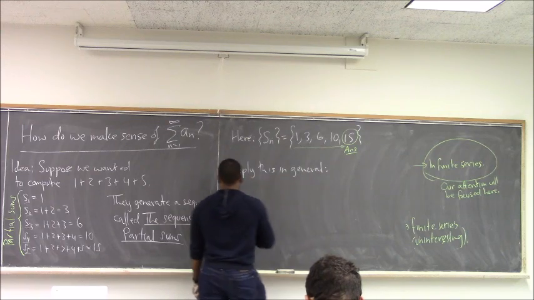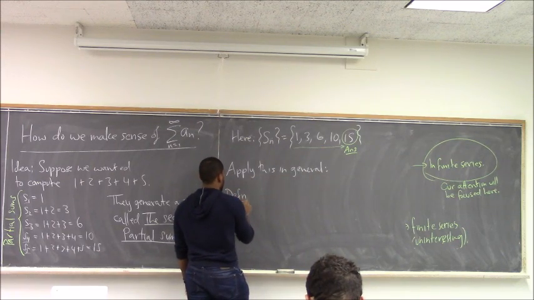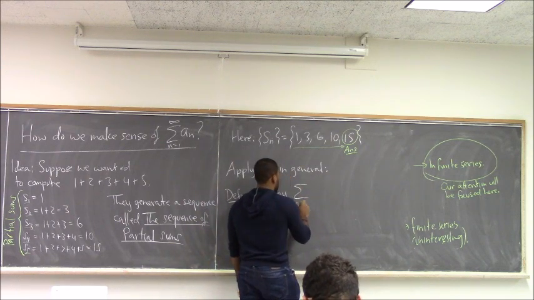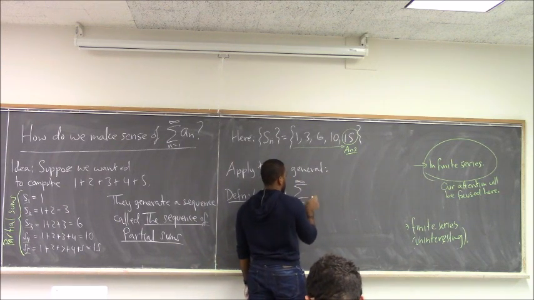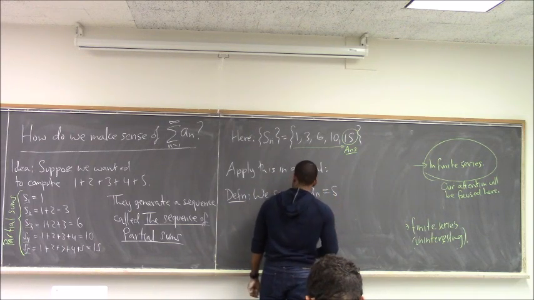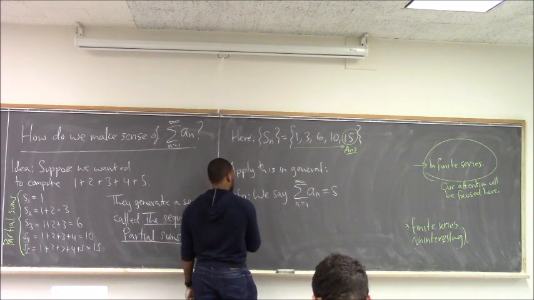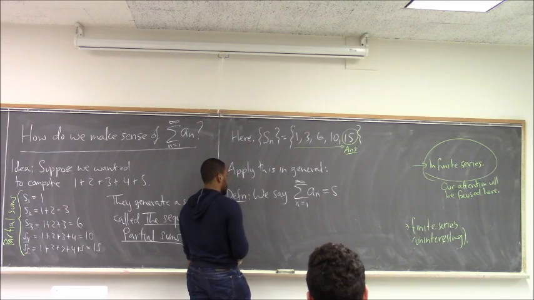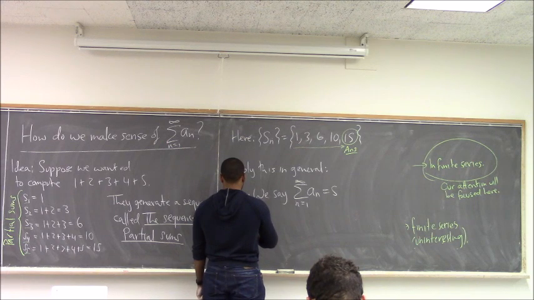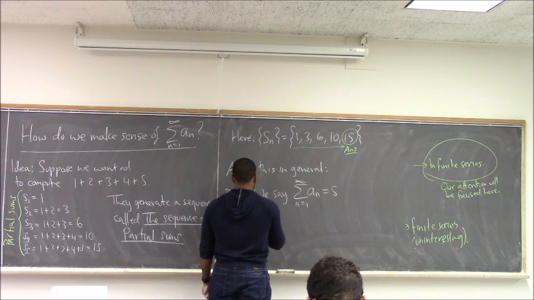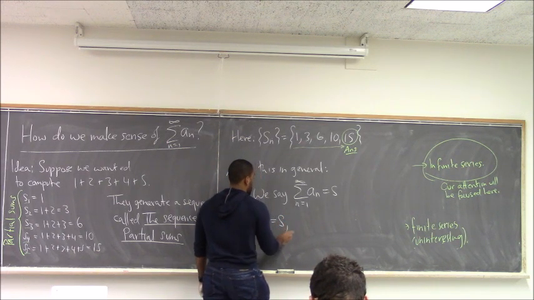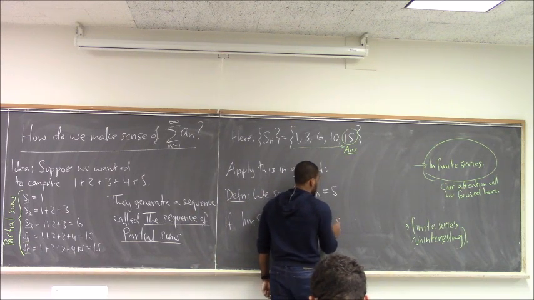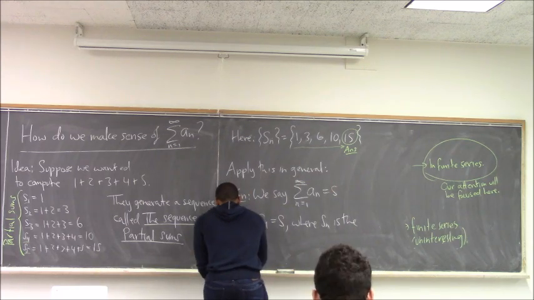We define the definition. We say a series equals S, where S is some number, if the limit of Sn equals S, where Sn is the sequence of its partial sums.